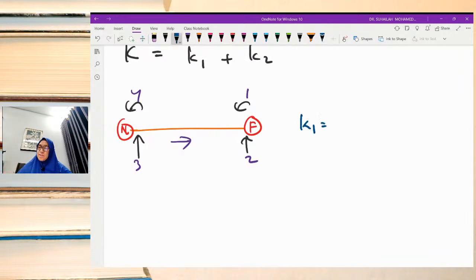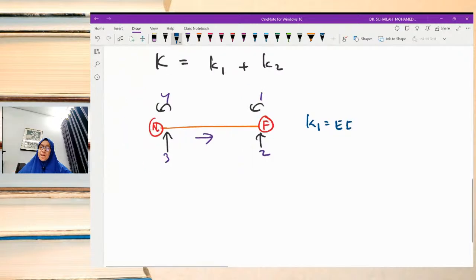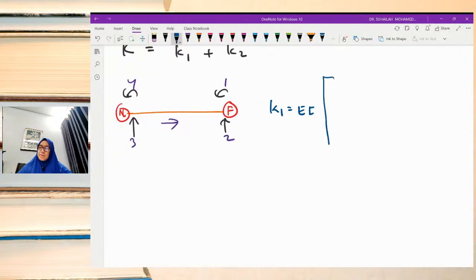Based on this, K1 is EI times a matrix. It must be 4 by 4, because for one element we have 2 from near end and another 2 from far end, so total is 4 by 4.